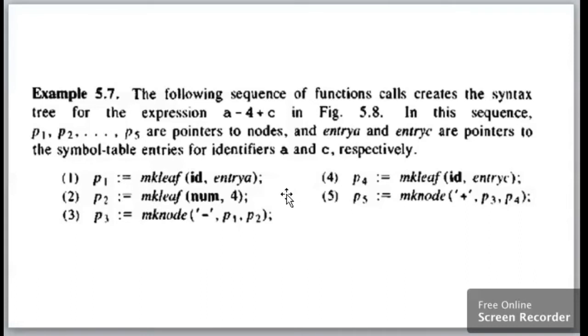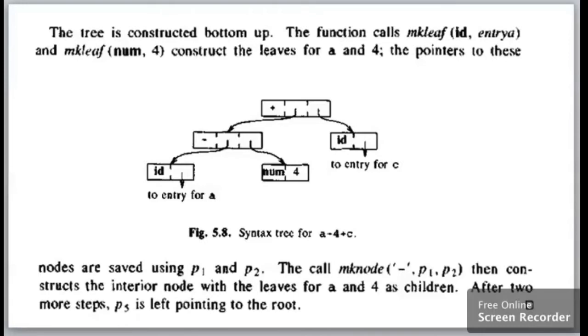So if I am going to construct the syntax tree, I make a sequence of pointers: p1 is mkLeaf(id, entry a), p2 is mkLeaf(num, 4), p3 is mkNode(minus, p1, p2), p4 is mkLeaf(id, entry c), p5 is mkNode(plus, p3, p4).